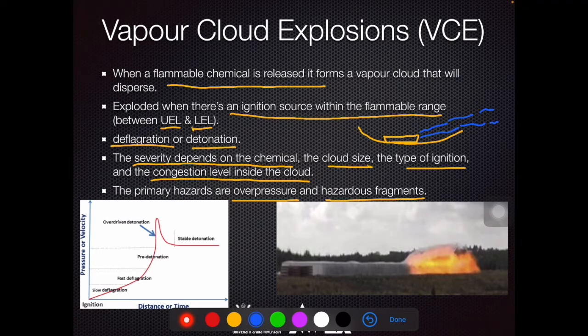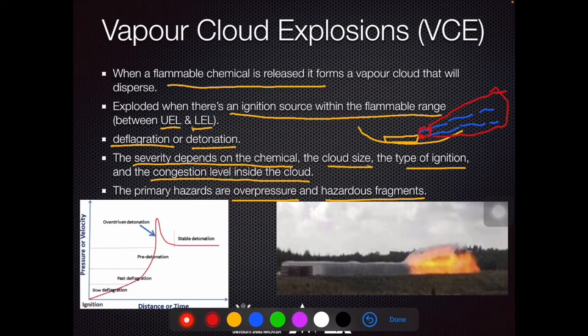However, suddenly, if we are able to ignite this stove, it starts a deflagration or detonation from this point, and the flash of the fire will come up to this area. This is an example of vapor cloud explosion.